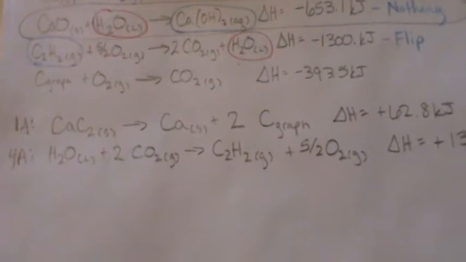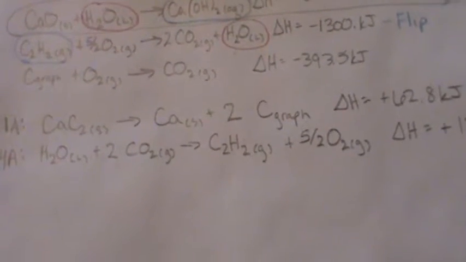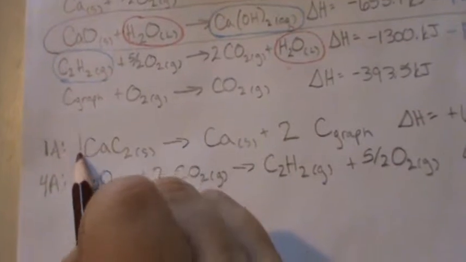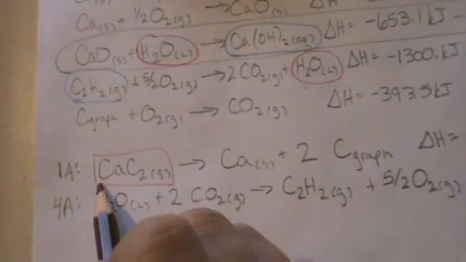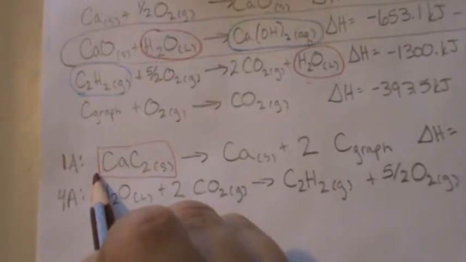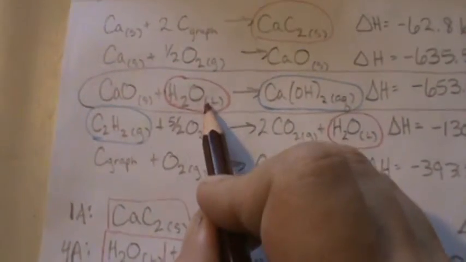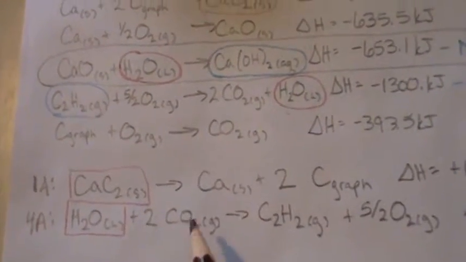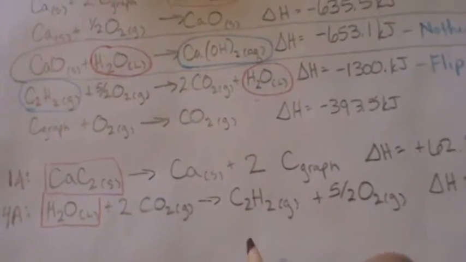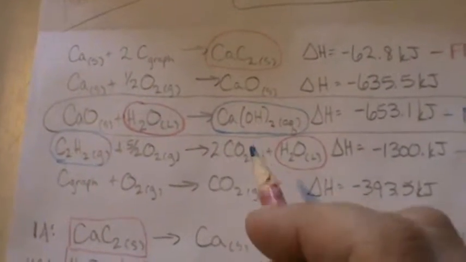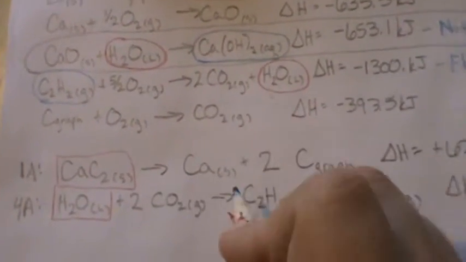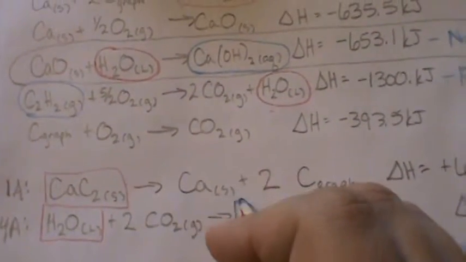All right, now what I need to do is use my other equations to start canceling things out. Let me find again my reactants: they are here, and here, and then up here, and then my products are here with my calcium hydroxide and here with my C2H2.